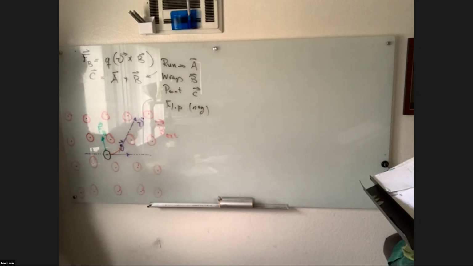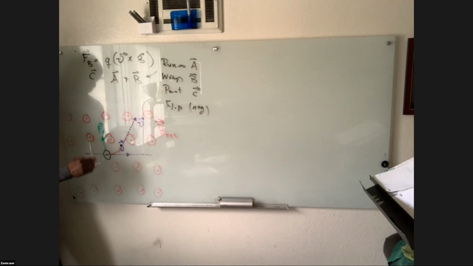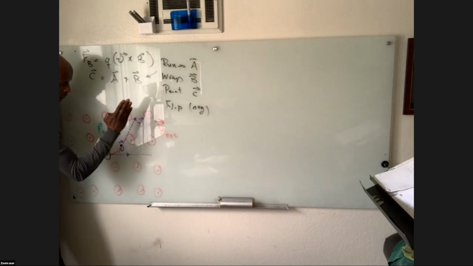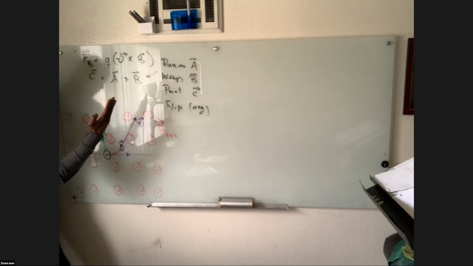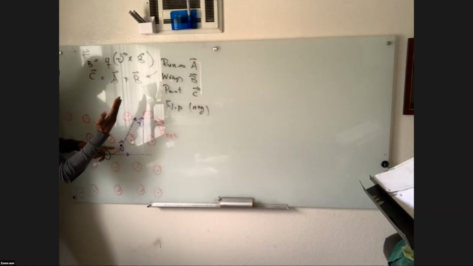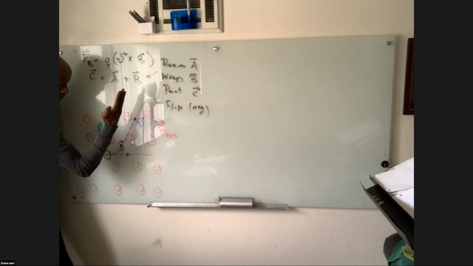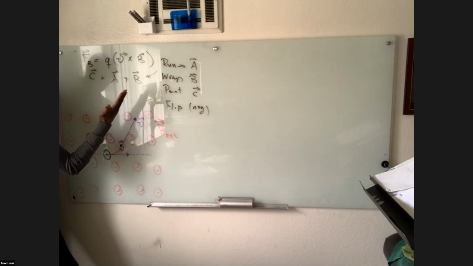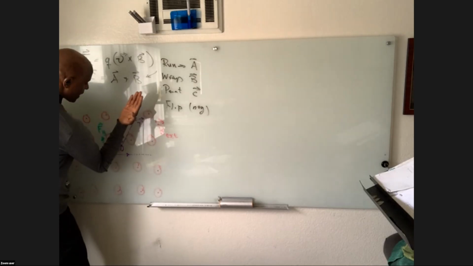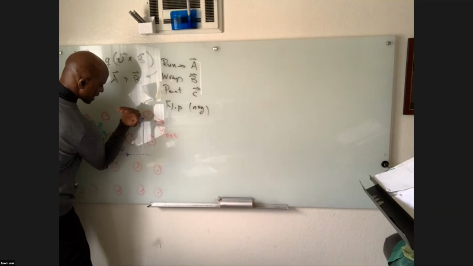That's right. So let's walk through the rule. Run, wrap, point. Run your fingers in the direction of the velocity, so your arm always has to be parallel to the velocity, but the velocity, remember, is always tangent to the path. So it's curved, so it's like that. Then I wrap my fingers, orienting my hand so that I can make my fingers parallel to B, which is out of the board.